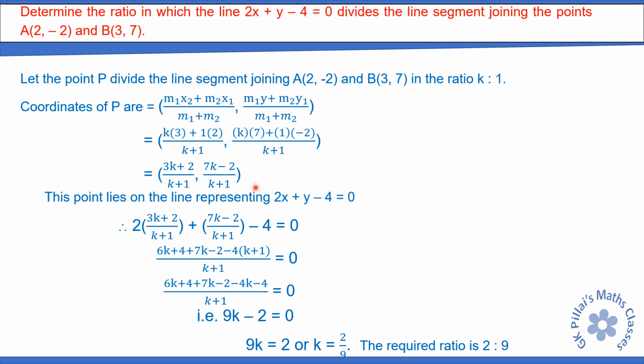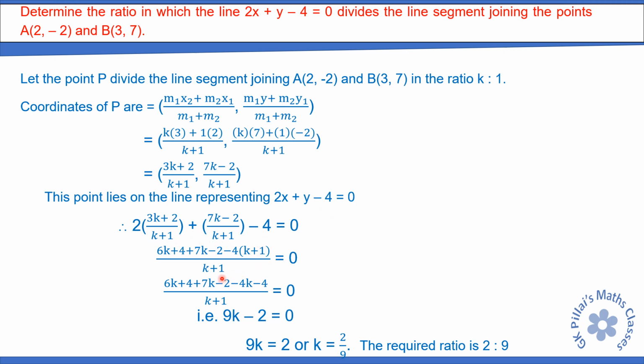Now, I have already discussed during the video on linear equation in two variables. If you are getting a point which is on a straight line, it should satisfy the equation. I mean, when you substitute these two values at the place of x and y, ultimately you should get 0. So because of that, we are substituting these two values in the place of x and y here.